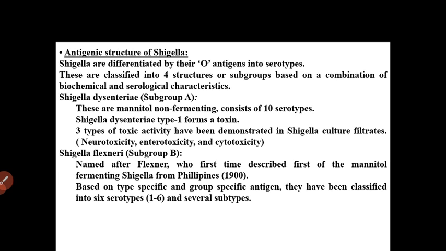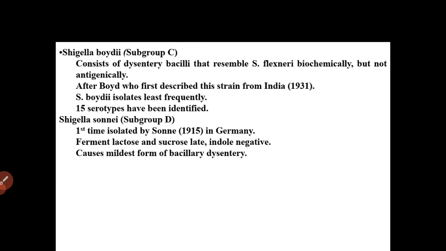Now group B, Shigella flexneri. This name flexneri was given after Flexner, who first described a mannitol-fermenting Shigella from the Philippines in 1900. Based on type-specific and group-specific antigens, they are classified into 6 serotypes and several subtypes. When I provide you the notes, you'll get it.